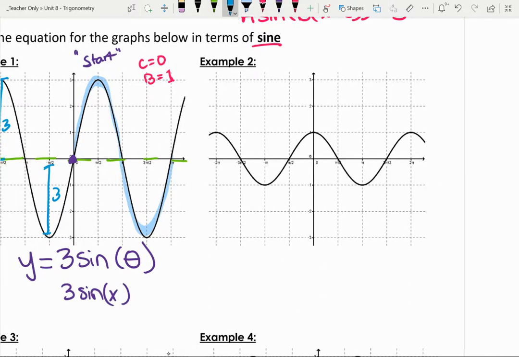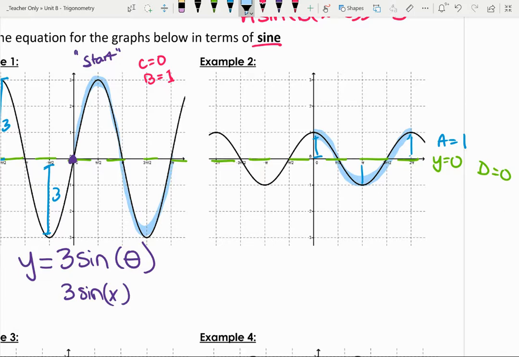Again, our midline is at 0, so there's been no vertical shift. This time, our amplitude is 1, so there's also been no change there, right? So our a value is 1. Now, from 0 to 2 pi, I'm noticing it is starting in a different position.